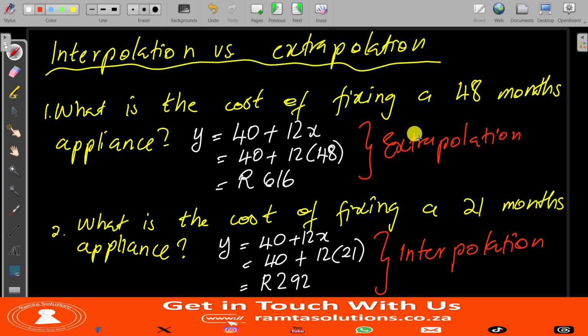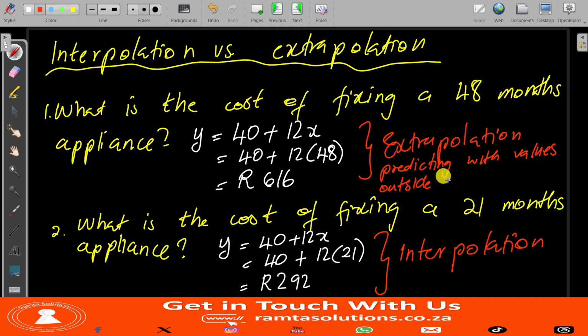So what are these things? With extrapolation, you are predicting with values outside the data set.